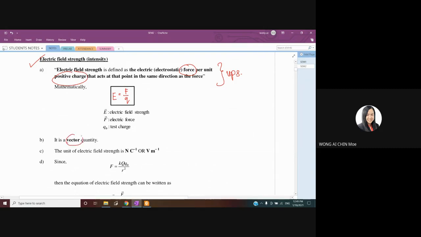It is a vector quantity, meaning that you need to give magnitude and also the direction. The method to find the electric field is similar to just now, the 1.1 forces.